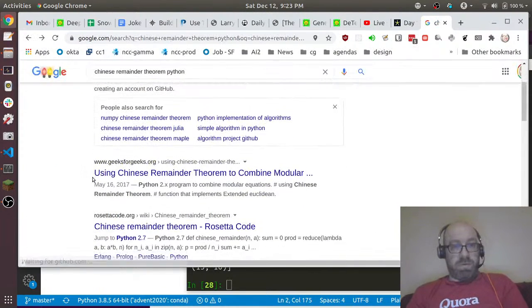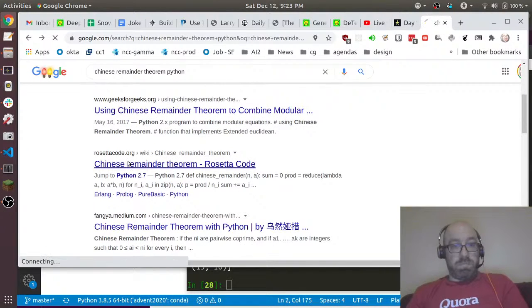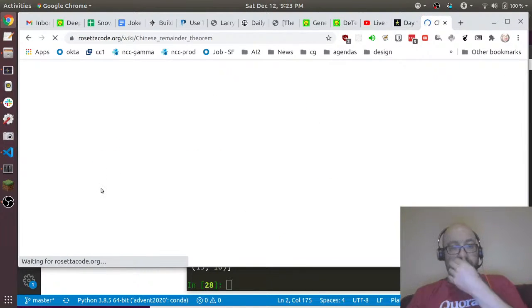Nope, that's not a good one. Let's steal from Rosetta Code. If it loads, everyone else is trying to load it too.